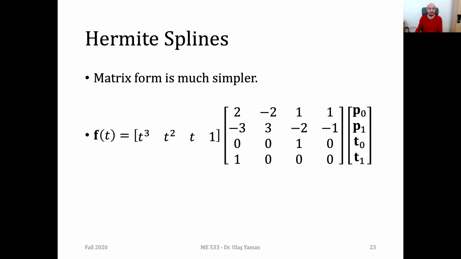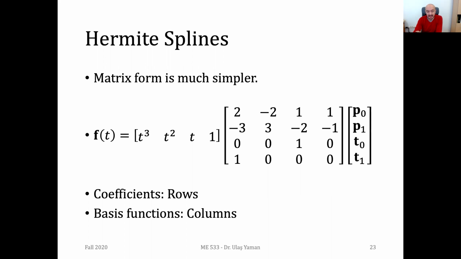Obviously the matrix form is much simpler, and you can see now the values are written into the matrix. The coefficients are represented in the rows, and the basis functions are represented in the columns.